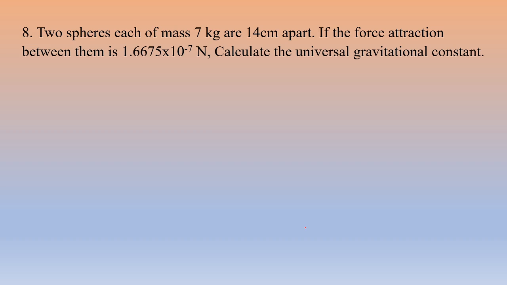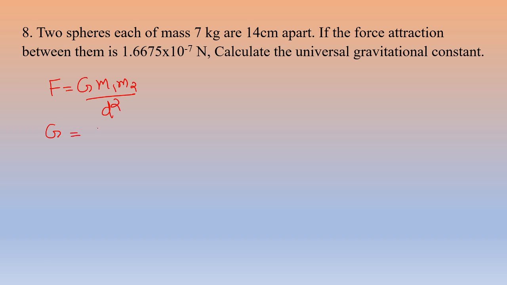The next problem. Two spheres, each of mass 7 kg, are 14 cm apart. If the force of attraction between them is 1.6675 into 10 raised to negative 7 Newton, calculate the universal gravitational constant. Here we can use the formula. The force of attraction between the two masses, F, is equal to capital G into M1 M2 divided by d square.